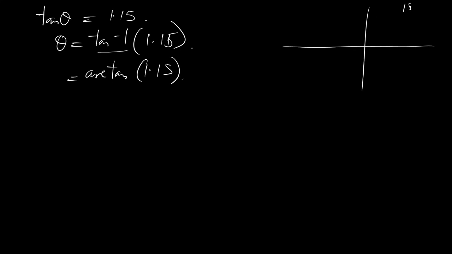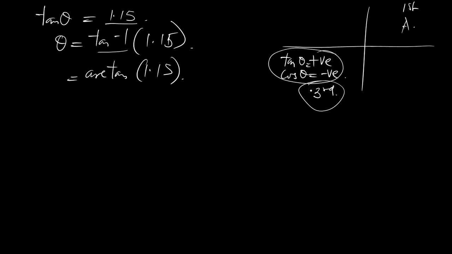At the first quadrant, all of them are positive. Now where tan is positive, because tan has a positive value here, is at the third quadrant. So at the third quadrant, tan is positive and cos theta is negative.